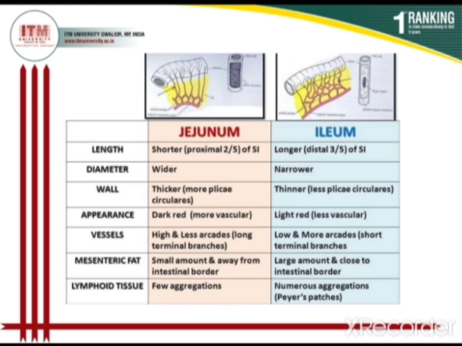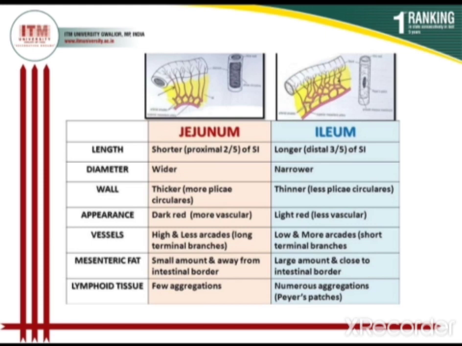You can see here the comparison of the jejunum and ileum. The jejunum is shorter and the ileum is longer. The jejunum has a wider diameter, the ileum is narrower. The wall of the jejunum is thicker with more plicae circulares, the ileum is thinner with fewer plicae circulares.